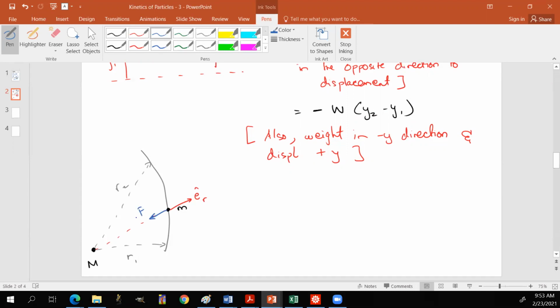So you have F in this direction and minus F in that direction. When you're looking at your small change in energy, that's going to be minus F, because it's in the minus F direction in reference to your coordinate system, dotted with dr. dr we're assuming is in the positive r direction.